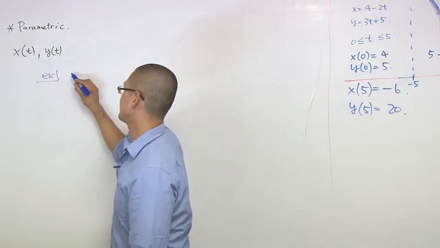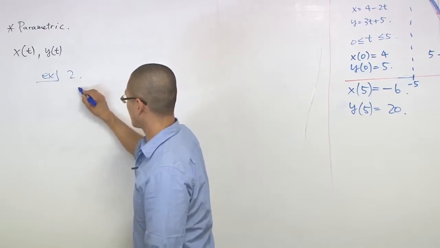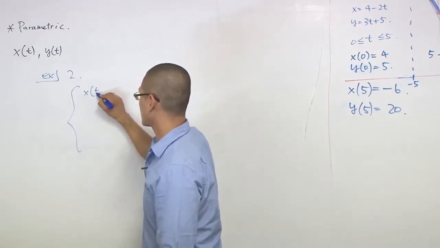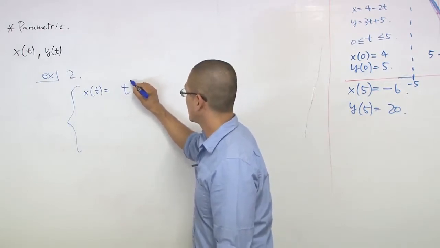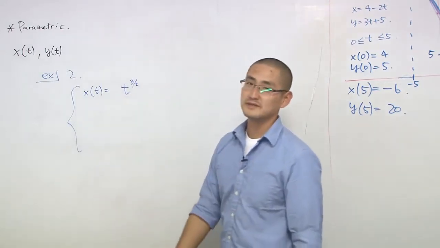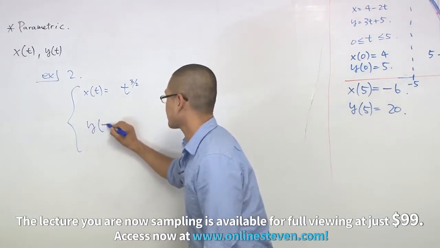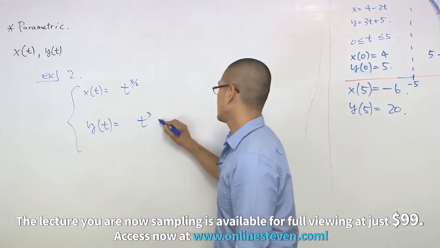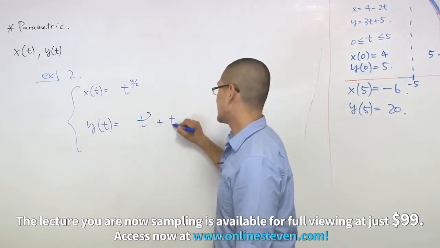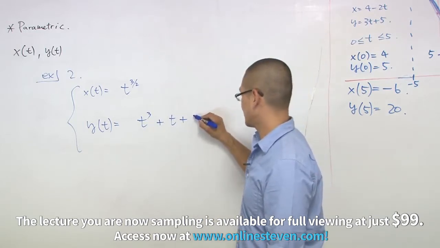We have example 2 somewhat differently. x of t is given as t to the 3/2 power. Okay? And I'm going to make y into t cubed plus t plus 1.